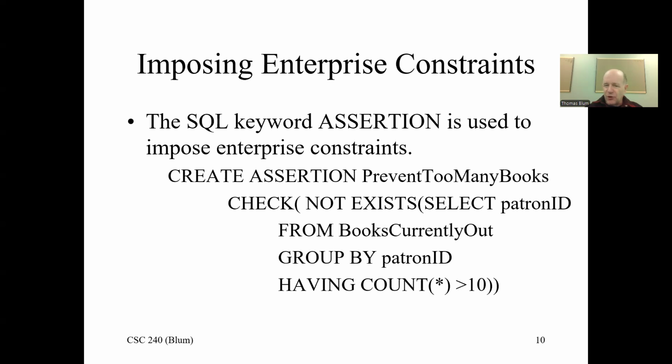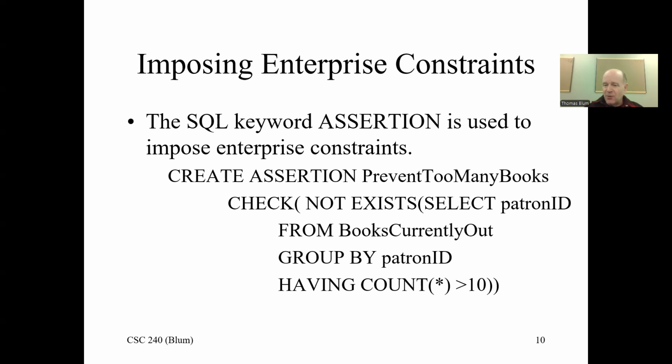So we're creating an assertion. We give that assertion an identifier, some name. Here I use the name prevent too many books. And then we also have the keyword check. We've seen the word check before to make sure something's in a domain. So now we're checking an assertion, and we have some table, presumably here books currently out.